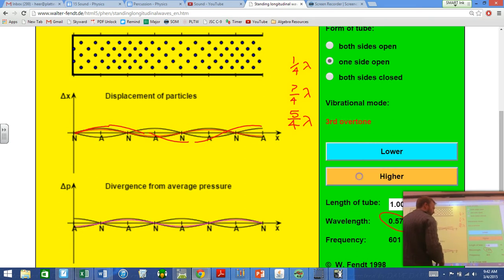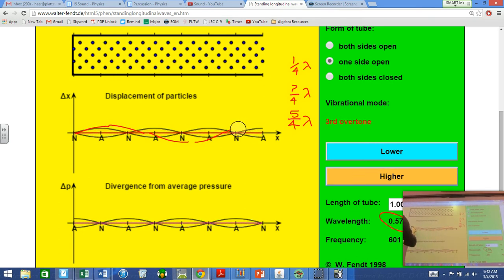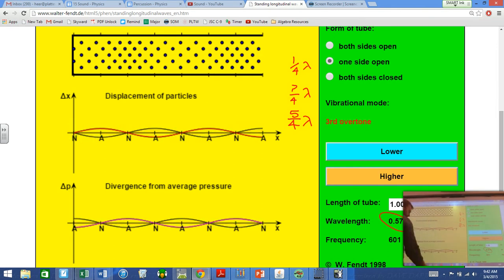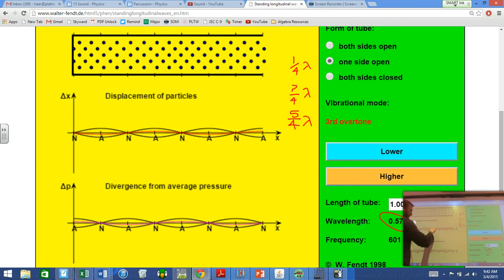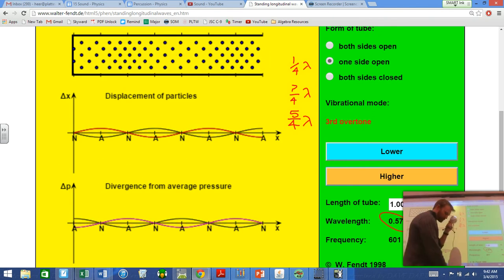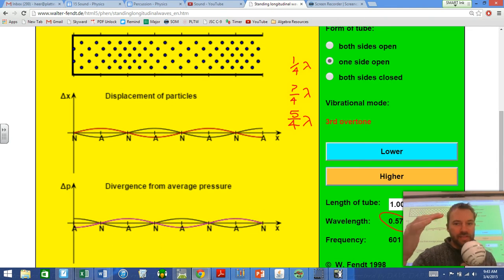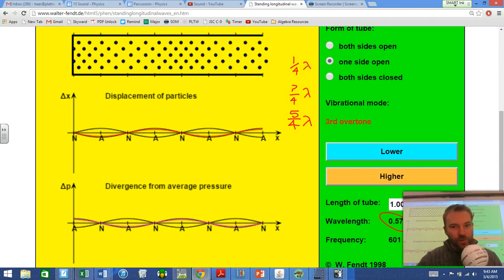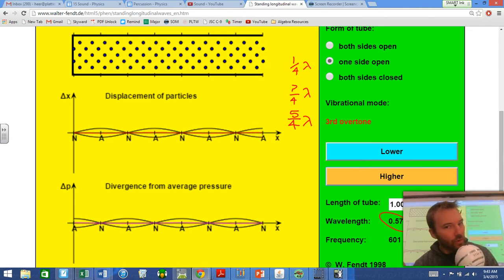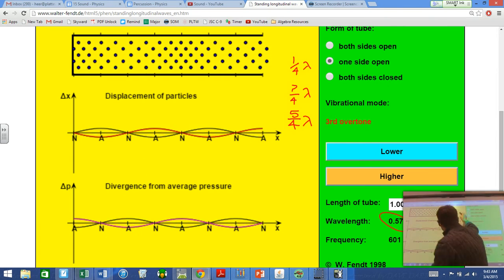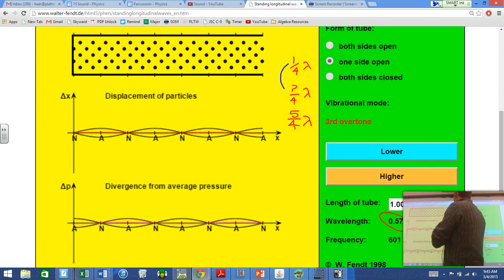You go higher, one more, and we're looking at 7/4, a full wavelength and 3/4. So a closed tube resonates at 1/4, 3/4, 5/4, 7/4 of a wavelength, but every time it steps up by half a wavelength.